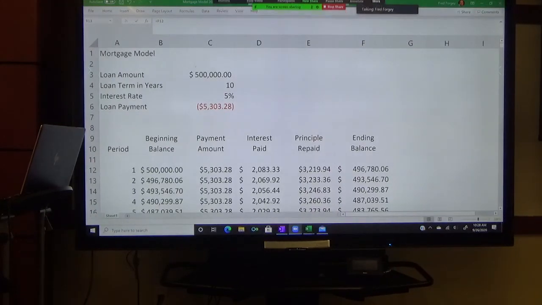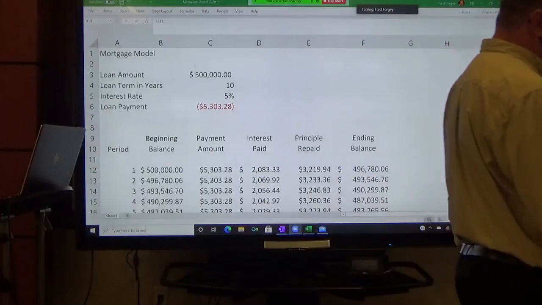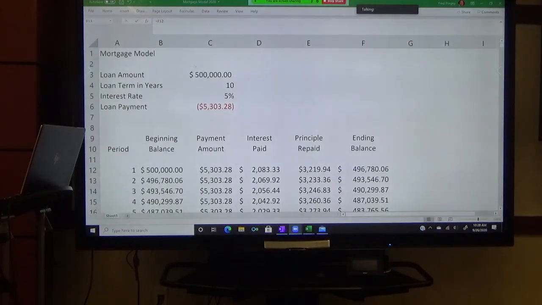Okay, so this model that you've got up on your screen is the one that I sent to you via Canvas after last week's class. So this is the bare basic bones model.